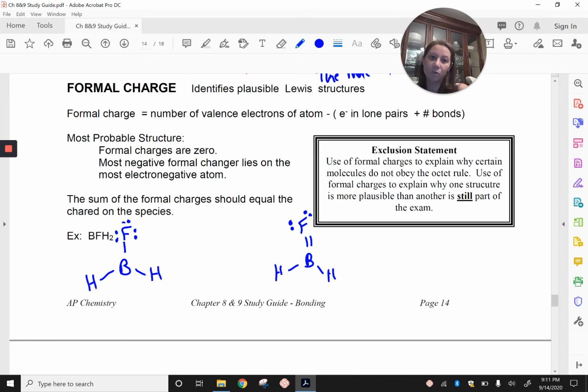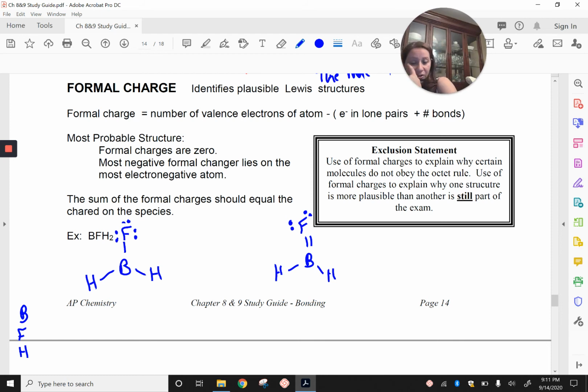Well, you can use formal charges to figure that out. We calculate the formal charge for each of the atoms in each of the structures. That means for both structures, we need to calculate the formal charge of the boron, the fluorine, and each of the hydrogens. In this case, both hydrogens are equivalent, so it's okay to calculate it just once and say both of them are equal.